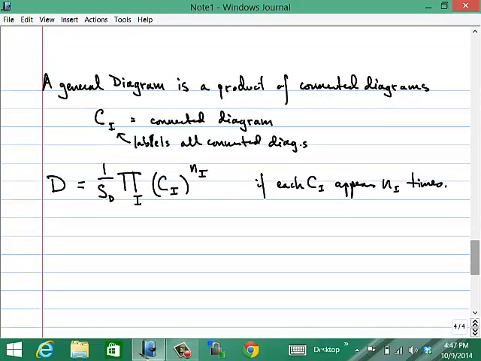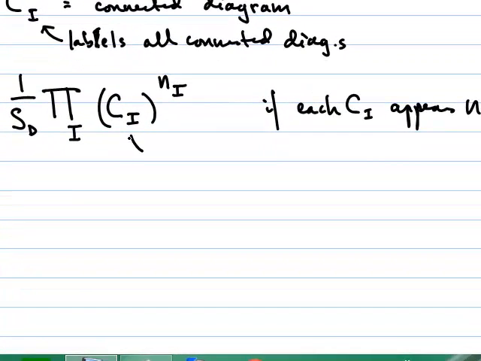So here's the clever trick. Each one of these C sub I's themselves contains a symmetry factor associated with the individual connected diagram. But there's also some overall symmetry factor associated with the fact that you could permute the individual connected diagrams among one another.